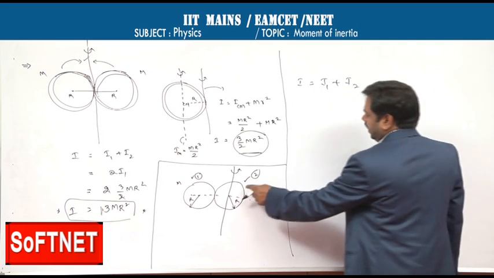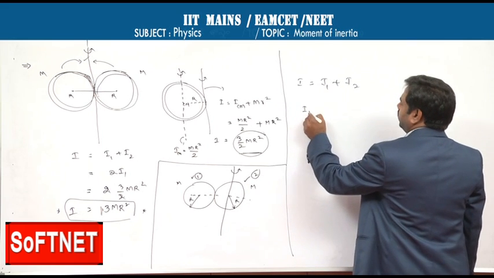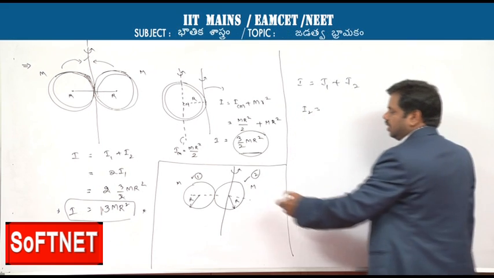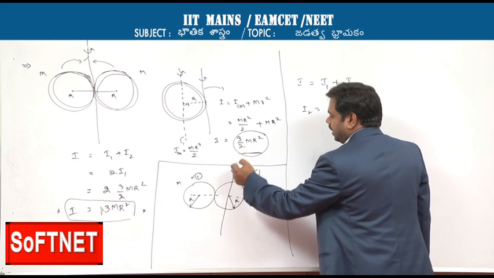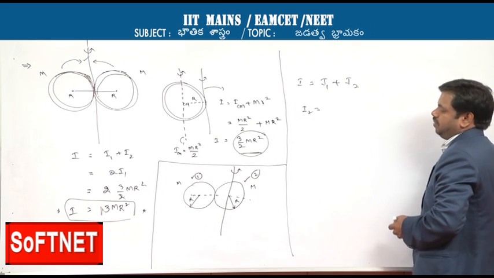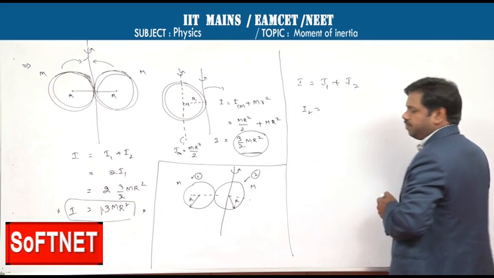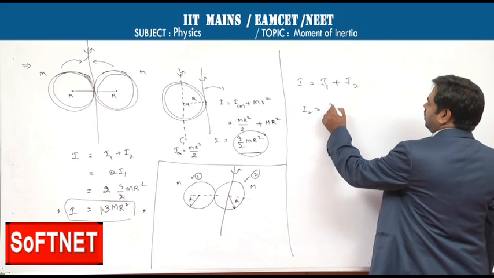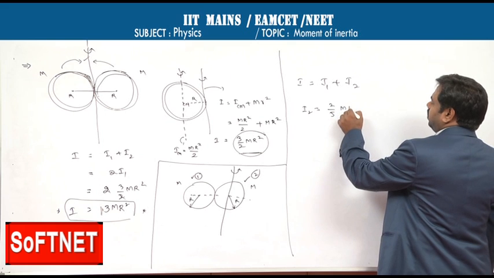So with respect to this, let us find out I2 first of all. This axis is nothing but the diameter of the solid sphere here. What is the moment of inertia of the solid sphere? Already we have studied that is equal to 2 by 5 MR square.